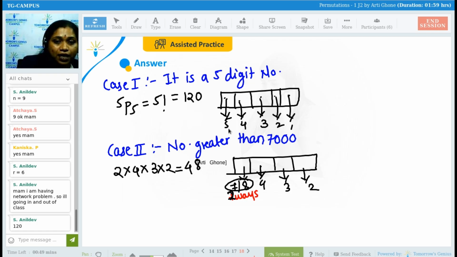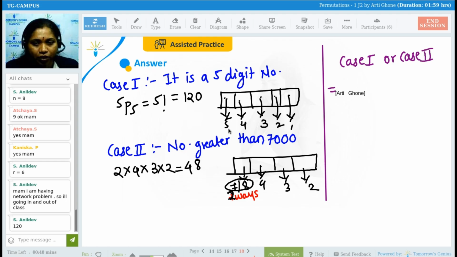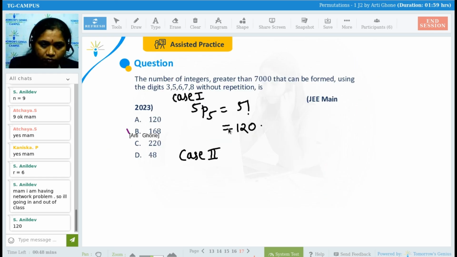Now, here the fundamental counting principle comes into the picture. Either case 1 will occur or case 2 will occur. Clear? If you want a number greater than 7,000, either case 1 or case 2. So if it is an or connective, then how many total number of ways? 120 plus 48. So what will be the answer? Clear?